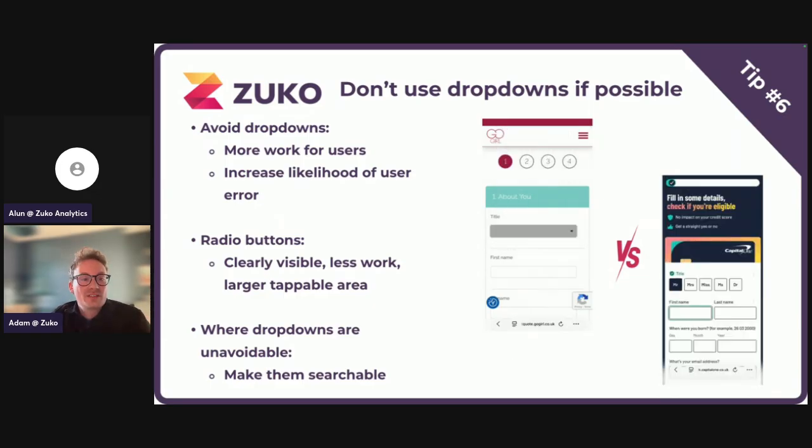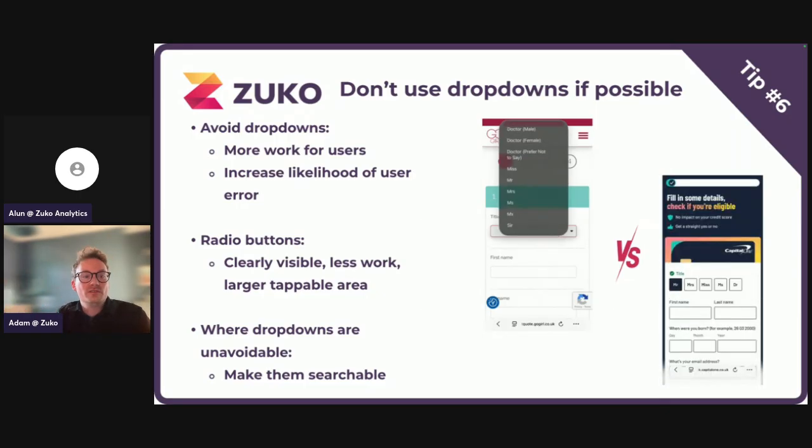Sometimes drop downs are unavoidable. They might be a necessary evil. There are things you can do for your mobile users if you are using drop downs to help them navigate. So let's take the example of a country field. There's 190, 200 countries in the world.